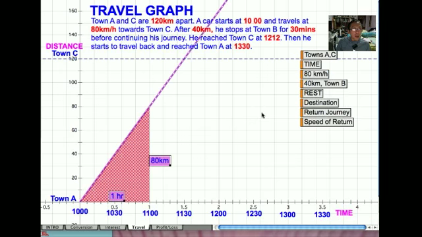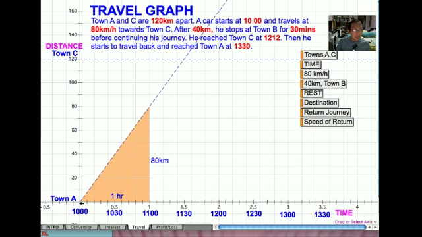Thus, we draw a triangle representing the gradient from the starting point, 1 hour and 80 km, the height, which represents the distance.